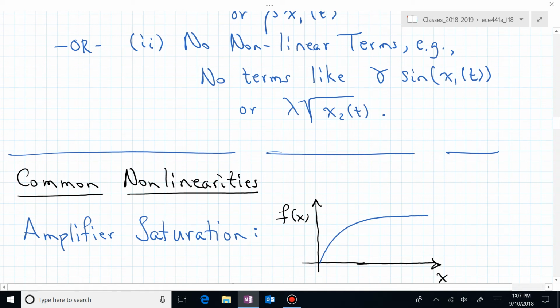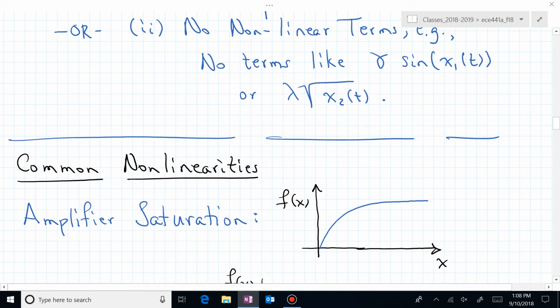A lot of your devices or dynamical systems, if you push them hard enough, will move out of a linear operating range. In this case, instead of always being linear near the origin, it starts to bend, or in this case it looks somewhat exponential, but you now have saturation happening at higher and higher levels of the independent variable x.